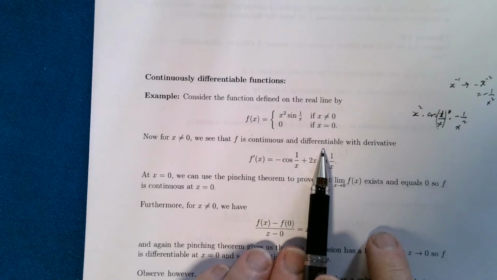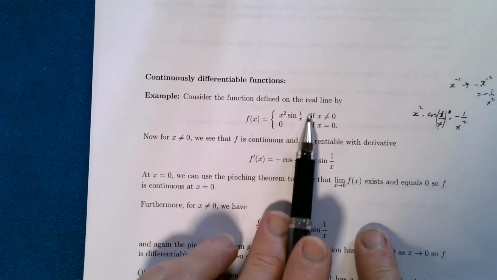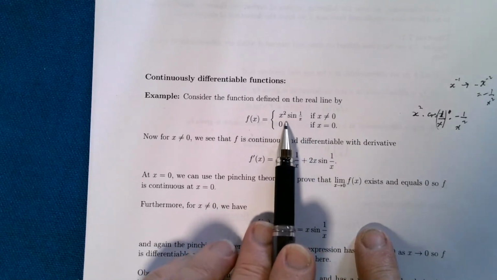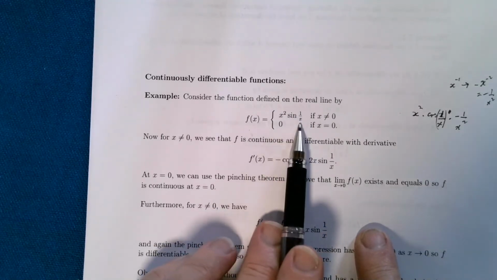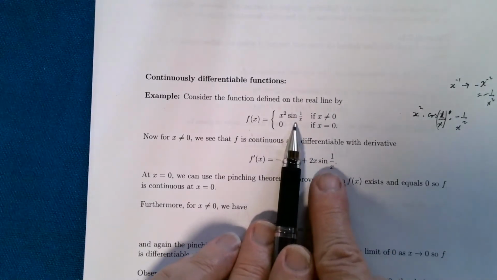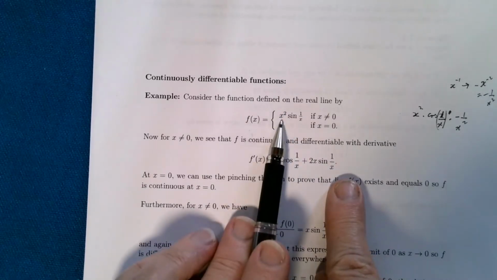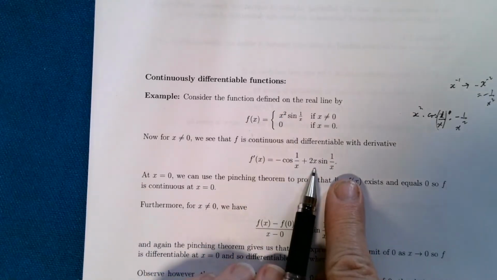And the derivative, if x is not 0, is just obtained by differentiating this thing. Now I've got to use the product rule here. I'll do the second bit first. So copy the second function, that's sine 1 on x, and multiply by the derivative of the first, that's 2x.